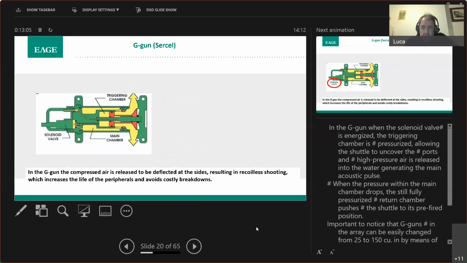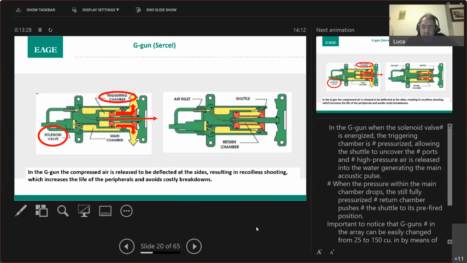In the GI gun, when the solenoid valve is energized, the triggering chamber is pressurized, allowing the shuttle to uncover the port, and high-pressure air is released into the water, generating the main acoustic pulse.